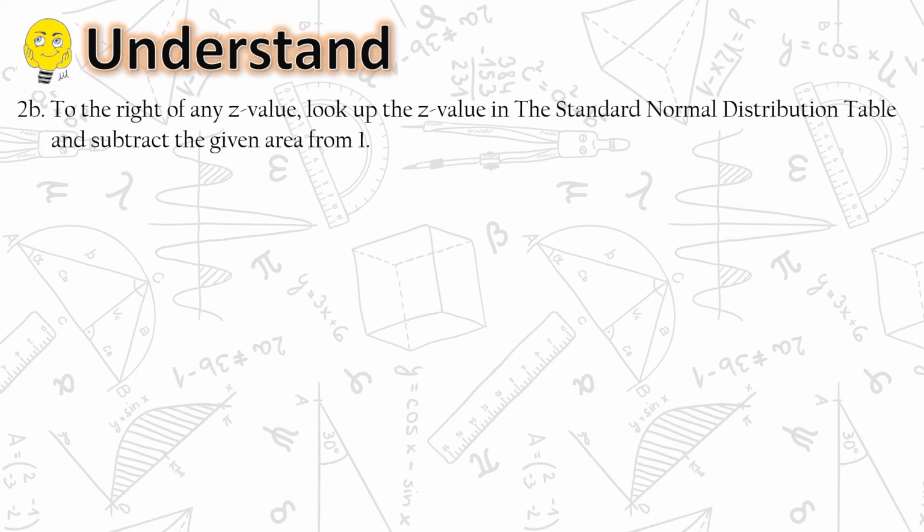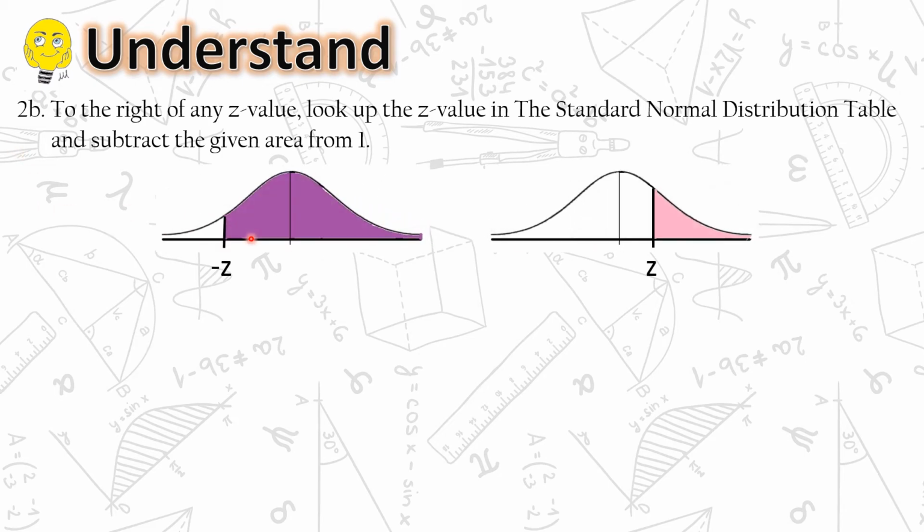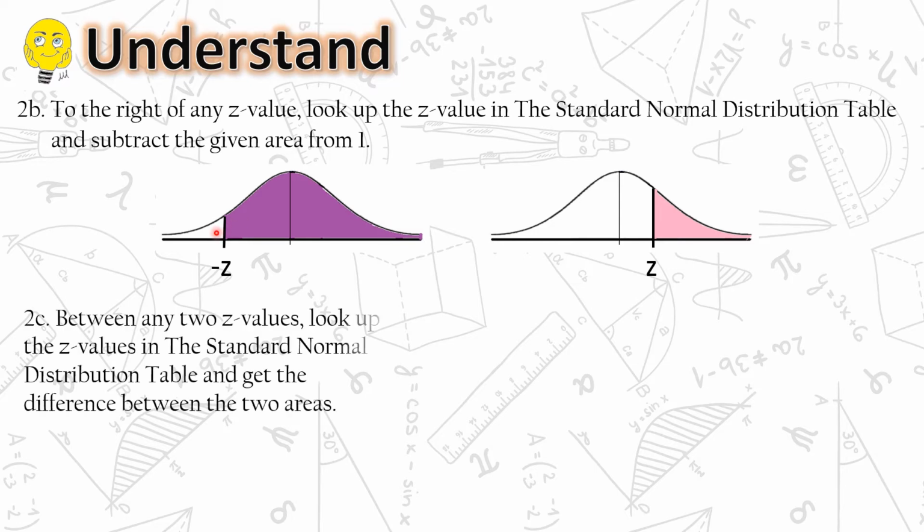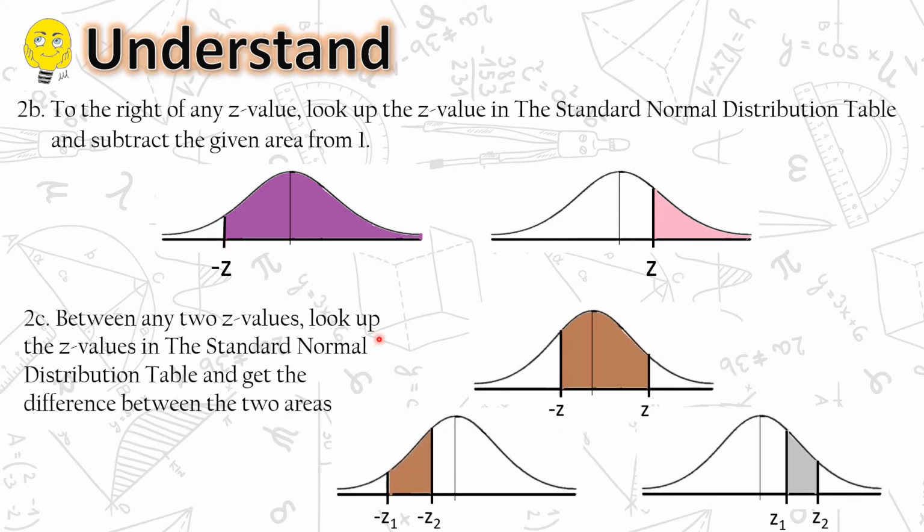To the right of any z-value, look up the z-value in the standard normal distribution table and subtract the given area from 1, since the total area under the normal distribution curve is equal to 1. Between any two z-values, look up the z-values in the standard normal distribution table and get the difference between the two areas.